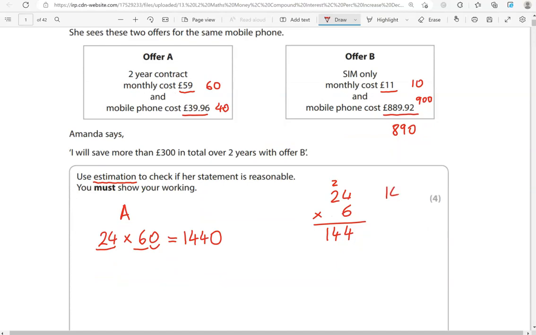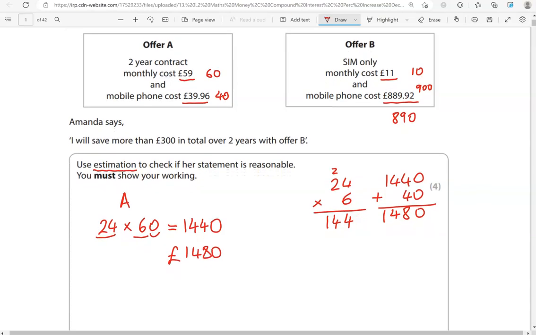So 1,440, add 40 to that, gives us 1,480 for offer A. Looking at offer B, SIM only, monthly cost, I'm going to say £10, over 2 years, so that is 24 months, 24 times 10, that gives us 240.